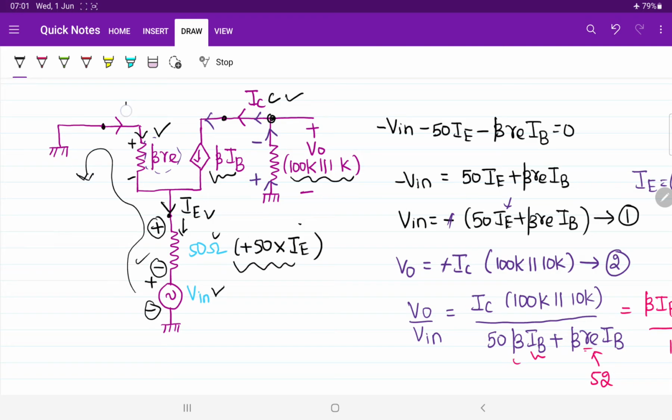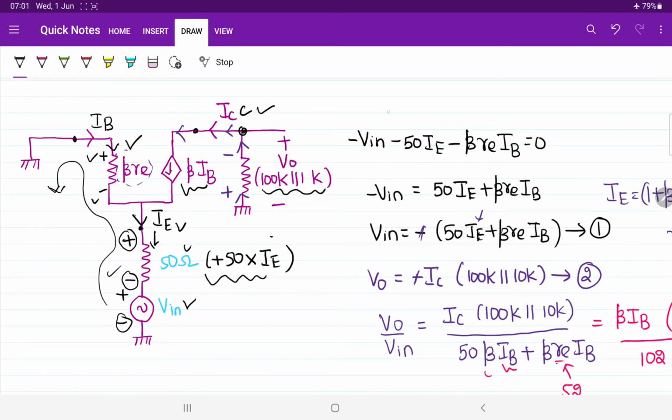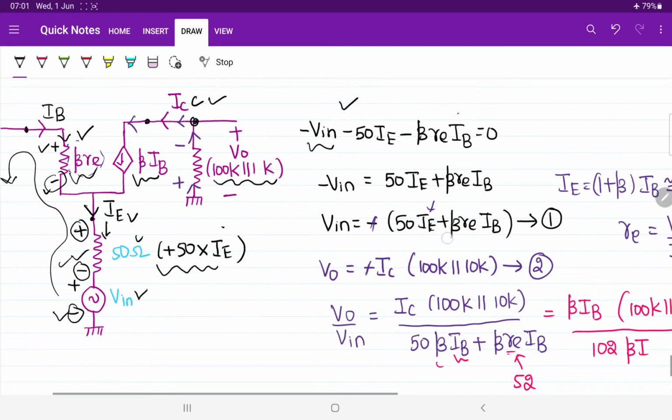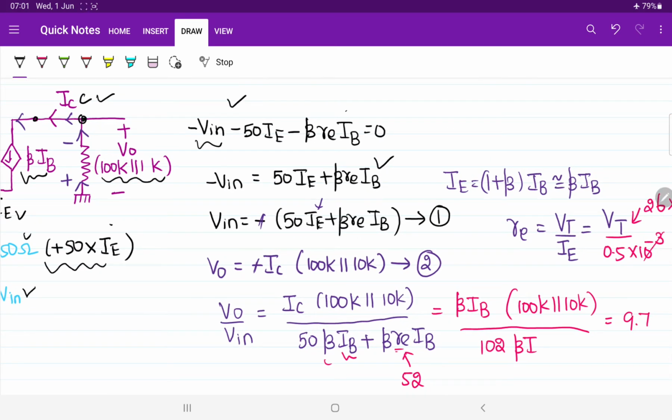Here we are receiving the base current. Starting from minus Vin, after that minus 50 times IE, after that minus beta times RE into IB. This is the input expression. From this, by reducing it, we will get the input voltage.